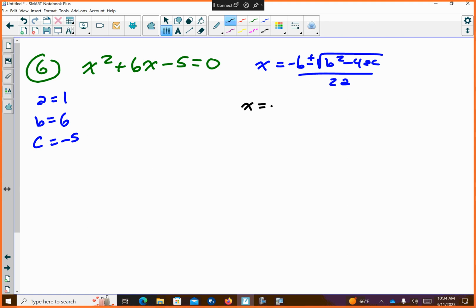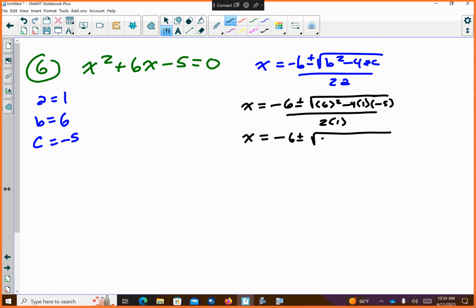X equals negative. What's my B value? 6. Plus or minus square root 6 squared minus 4 times A times C, all divided by 2 times A. X equals negative 6 plus or minus 6 squared is 36.